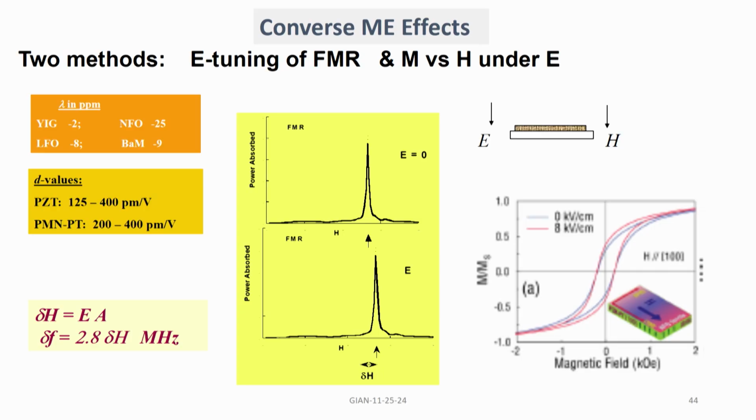Okay. The second option is you can fix the frequency of the microwave, then scan the magnetic field, then you can see the resonance as an absorption here. In most of the cases, what we do is we don't measure the power absorbed, we measure the derivative of the power absorbed.